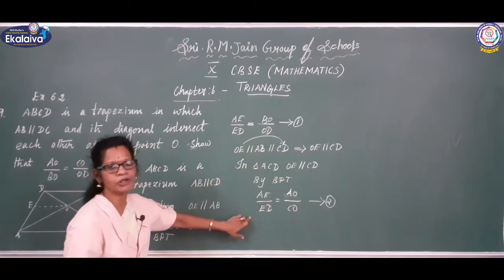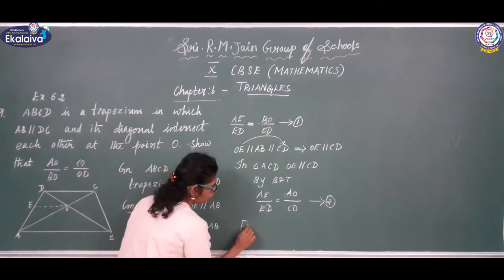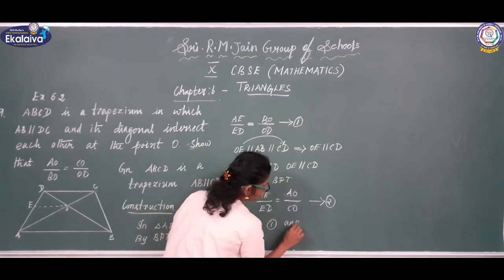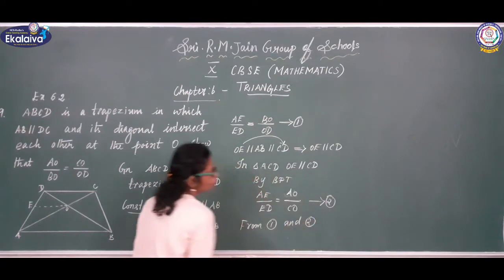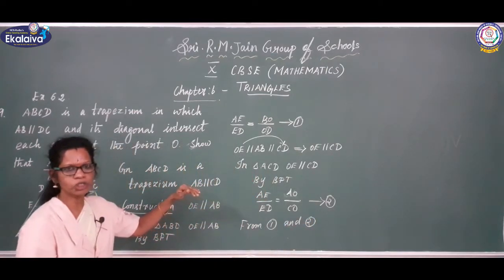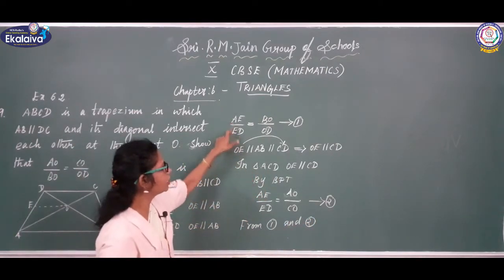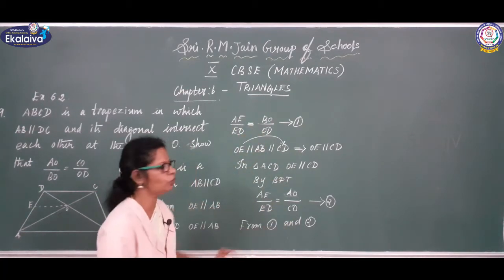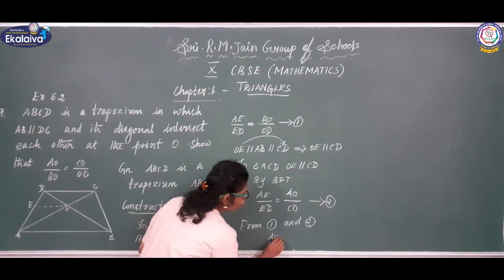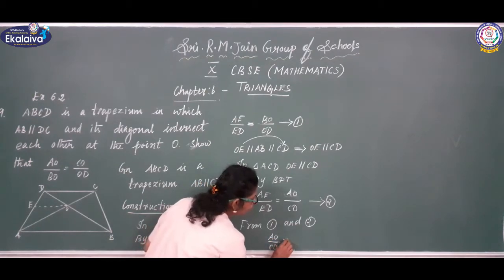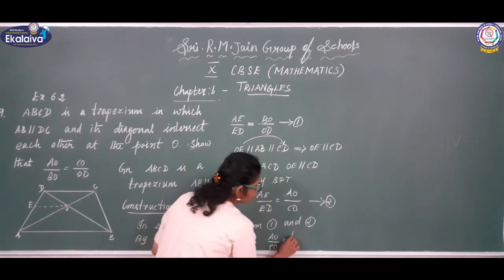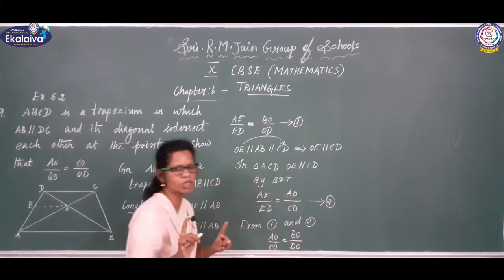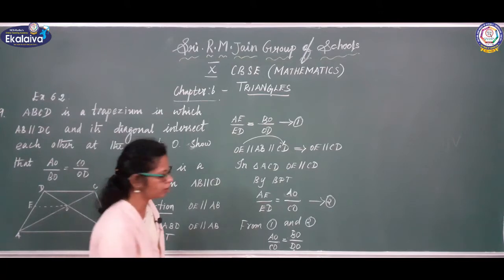From 1 and 2, what is your solution now? When the left hand sides are equal, automatically the right sides become equal. AO by CO equal to BO by DO or OD, both are same, you don't confuse yourself, right?